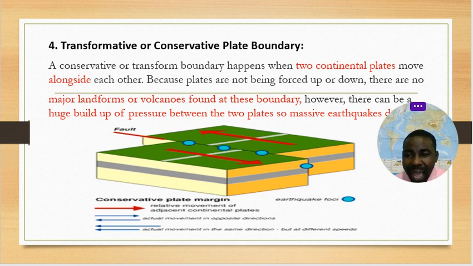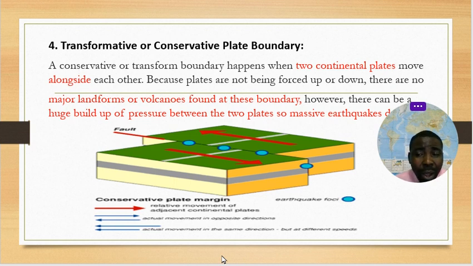You can see the arrow showing how plates are moving alongside each other, and it involves two continental plates. Don't forget the first one involved two oceanic, the second one involved oceanic and continental, and the third one that we are looking at now is two continental plates moving alongside each other.